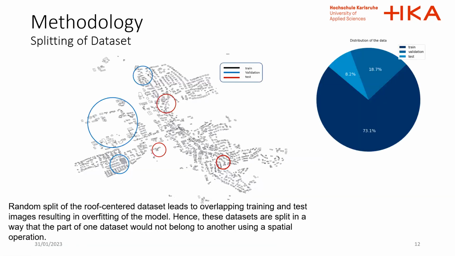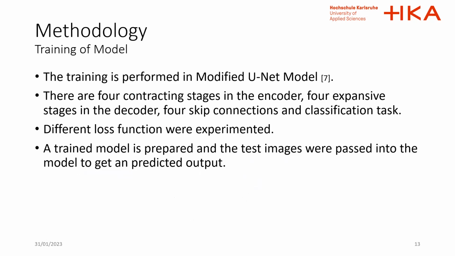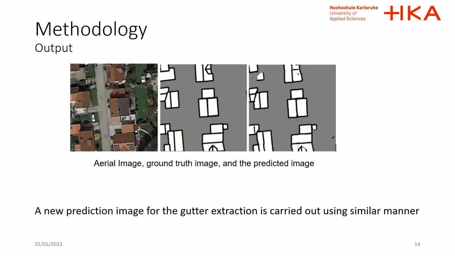We first split the data, which is common in deep learning or any learning process, and we have used the U-Net model for the training. So this is the output. This is the aerial image which we have used. This is the ground truth image, which is the label image, which has been done manually.